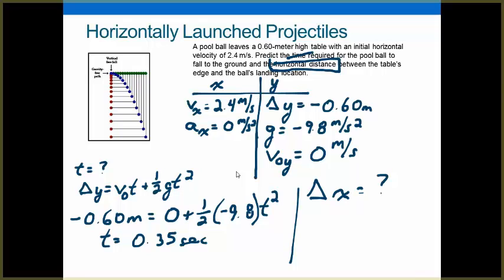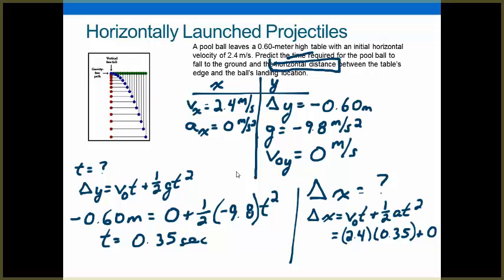Since I'm dealing with displacement in the x direction, I need to look at what I know from that x direction. Looking at our toolkit of equations, we've got delta x is initial velocity times time plus 1/2 a t squared. My initial velocity in the x direction was given to me in the problem. The time was something that I just calculated, but our acceleration in the x direction is 0.